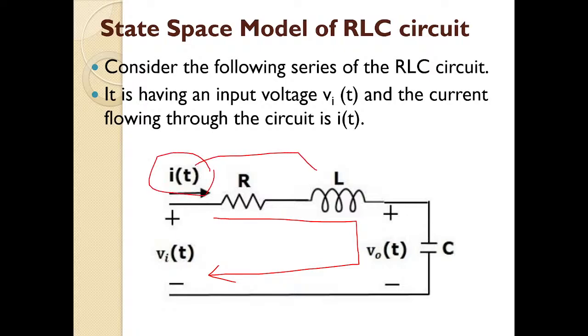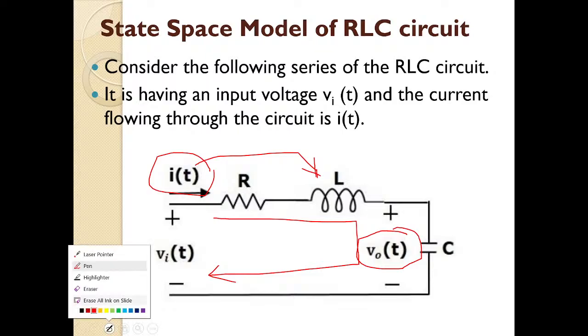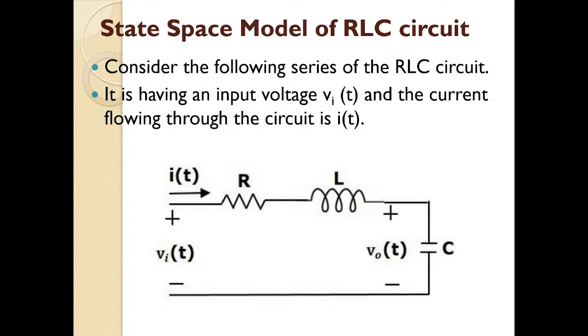I of t. What is the voltage across the capacitor? V0 of t. So the state variables are two: I of t is one state variable, and the voltage across the capacitor is another state variable.